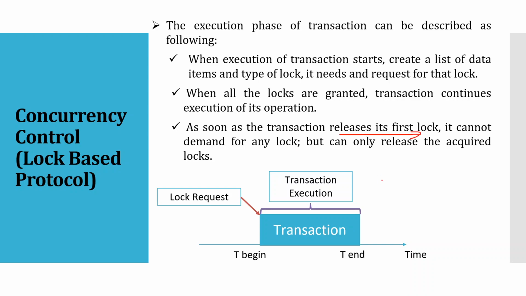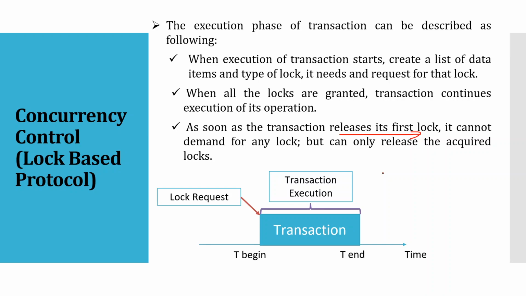So you will release all your locks, and once you start releasing your locks, you won't be allowed to acquire any other locks. Once you start releasing any of your locks, you are not in a position to request any other lock. Whatever locks you require, you have to ask for at the first time only, whenever the transaction is starting.